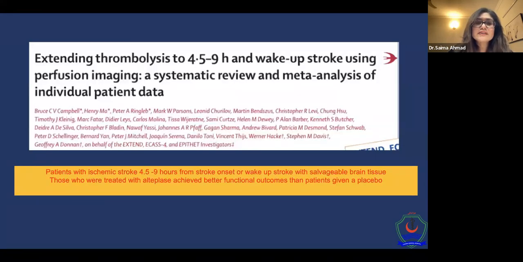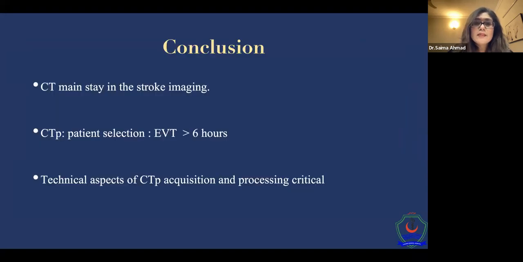Also there is another paper in which they used advanced imaging, either MRI or CTP, extending thrombolysis up to 4.5 to 9 hours, or in the wake-up stroke. So my conclusion: CT is the mainstay in stroke imaging.